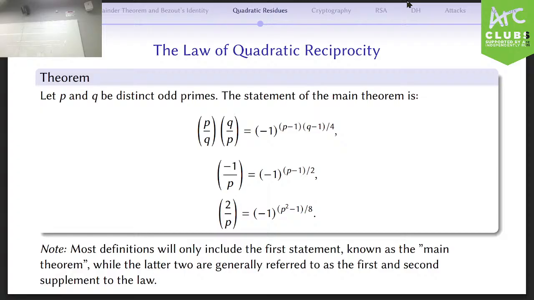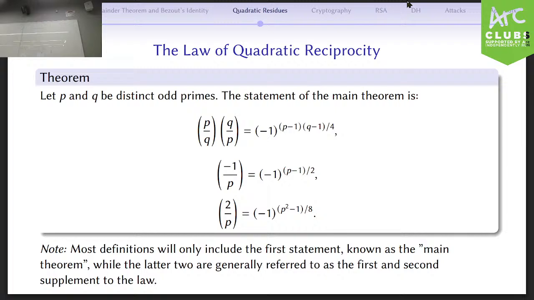The law is kind of big, and I think it's split into 3 parts. First things first, let p and q be distinct odd prime numbers. The statement of the main theorem is that p on q times q on p, remember Legendre symbol, is equal to minus 1 to the power of (p minus 1)(q minus 1) over 4.